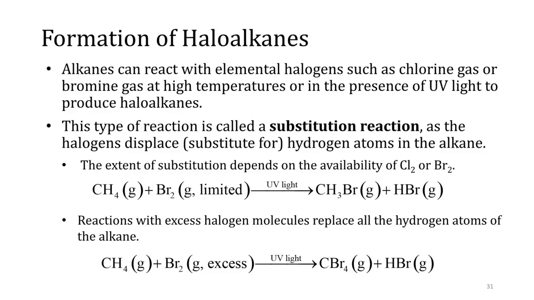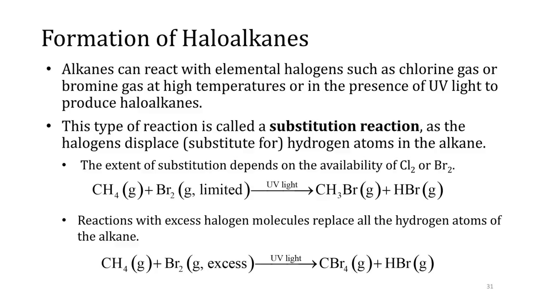Just like we need a spark or intense light to get combustion to start up, we need the same thing for haloalkane formation. So this reaction is kind of our introduction to organic reaction nomenclature.